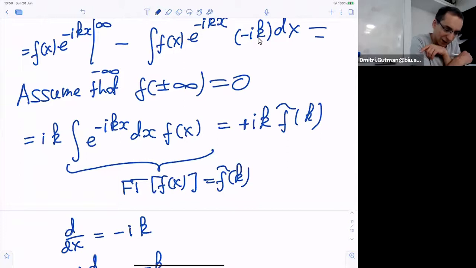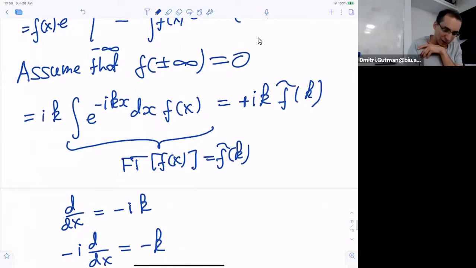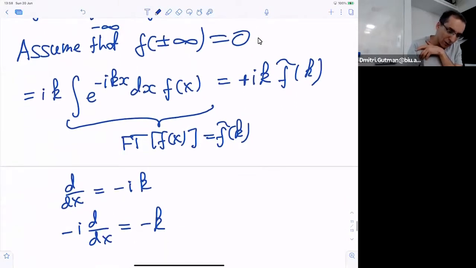I don't know why I wrote a minus sign here. Up to here everything was correct, and this is just ik times the Fourier transform of the function f of k. So there's no reason to write minus here. It's a plus. So d over dx generates ik, and minus i d over dx generates k. That's exactly what we said at the beginning of today's lecture.